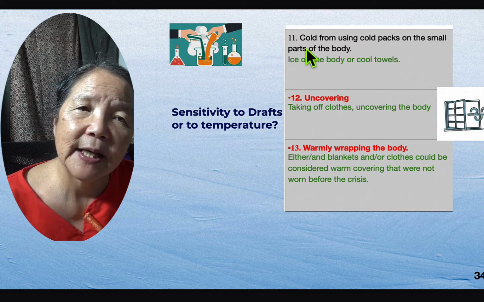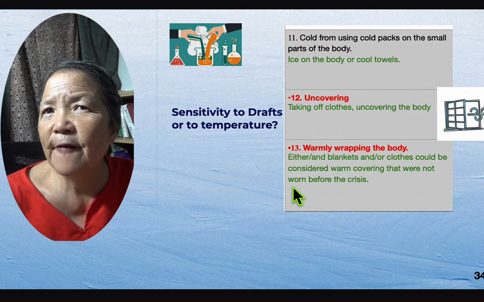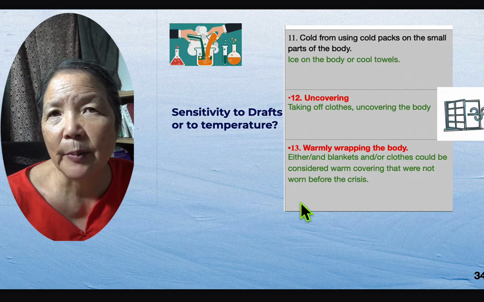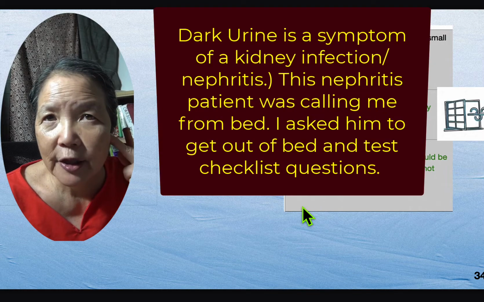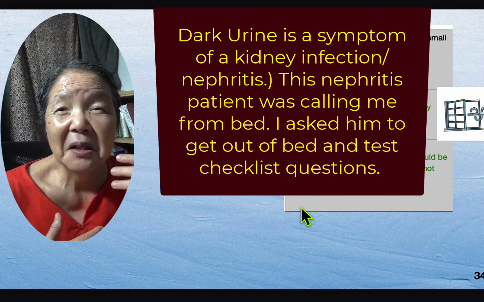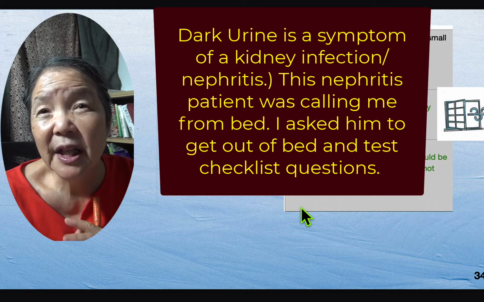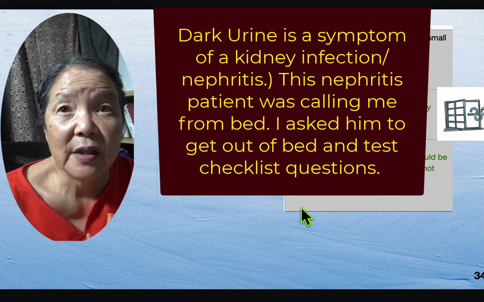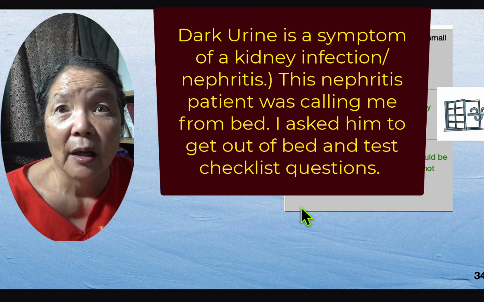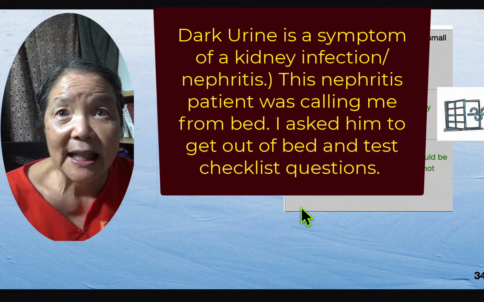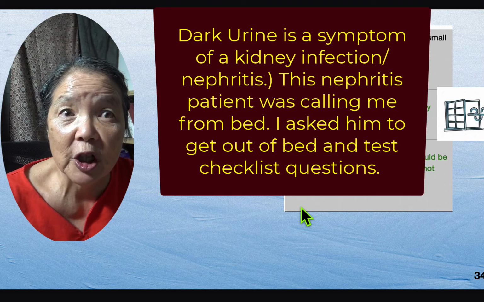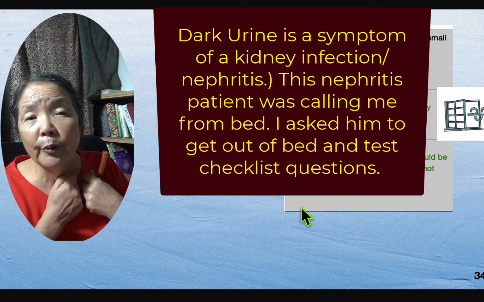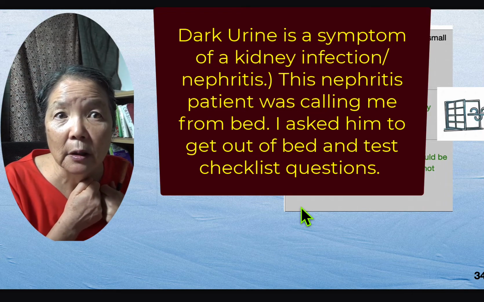Now, these are the kinds of situations that it can be very good to ask the patient to experiment. I once had a patient who was in bed and his urine was dark colored. He clearly had a kidney infection and it was quite serious and he didn't want to get out of bed, but I wanted to get the right information and he wasn't giving me much information. So I asked him to get out of bed. Put something cold from the refrigerator on you. How does that feel?